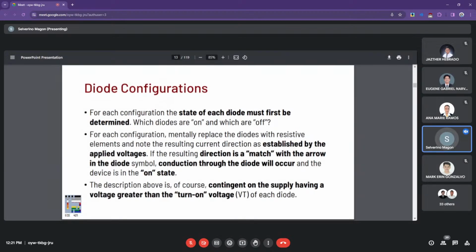Okay, so later we will look into configurations in how we determine the on and off conditions of diodes.